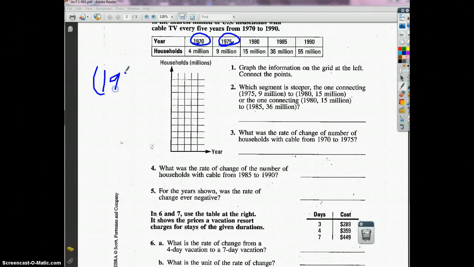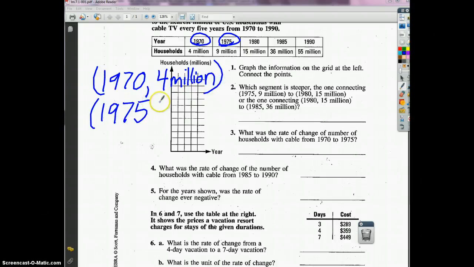We've got 1970 is 4 million, 1975 is 9 million. This is X1, this is Y1, X2, Y2, okay?